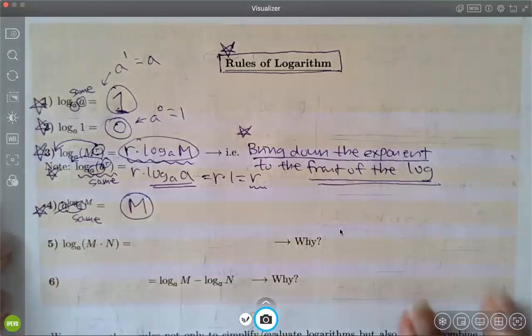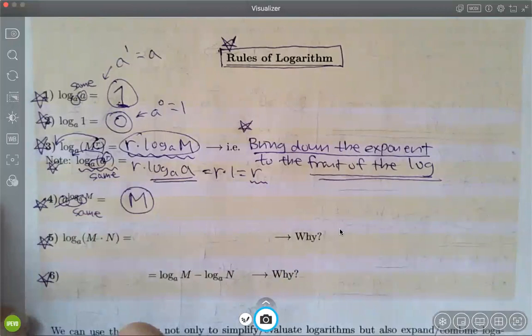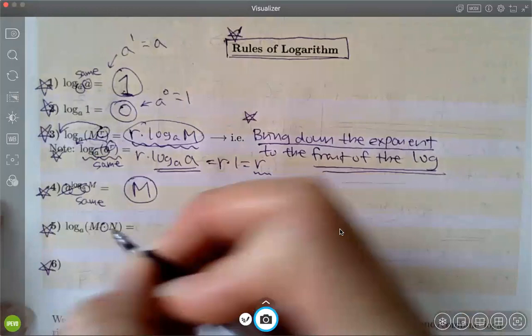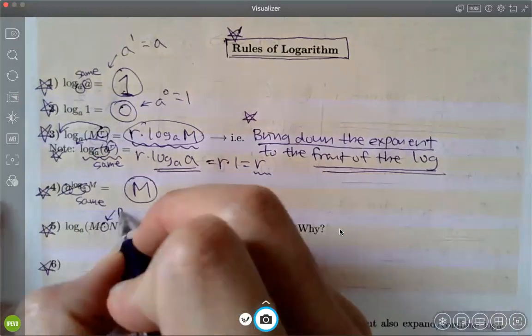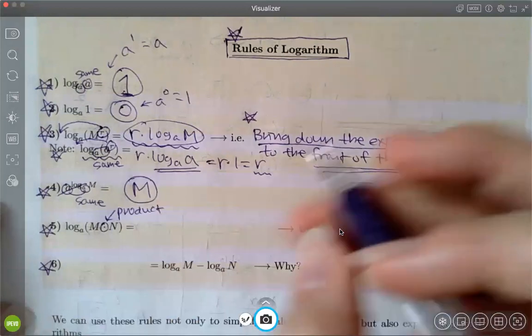And then rules number 5 and 6 are also important. You could ask what is not important? Oh, nothing. Everything is important. So log A of M times N, so there is a product inside the log.